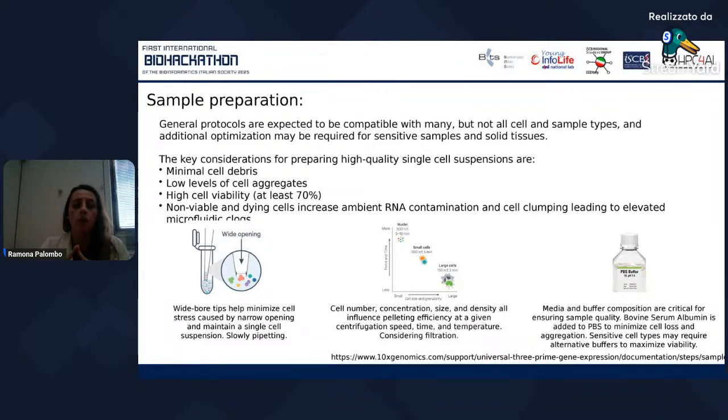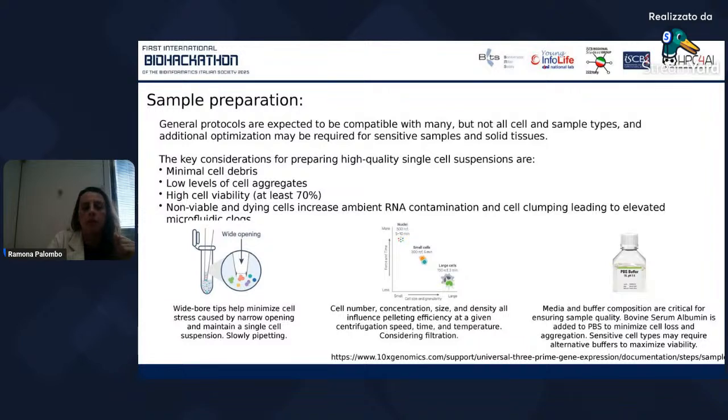So I want low levels of cell aggregates, because I'm talking about single cell RNA sequencing, so I don't want cells to be aggregated and analyzed together. And I also want high cell viability, at least 70%, to have good quality. And non-viable or dying cells, as I said before, increase the ambient RNA contamination.